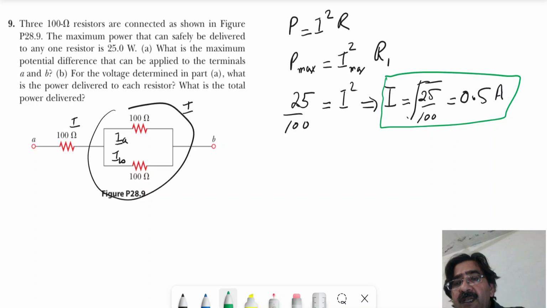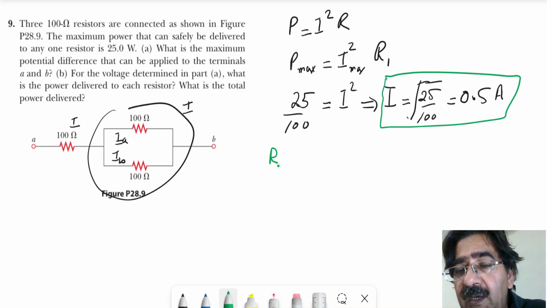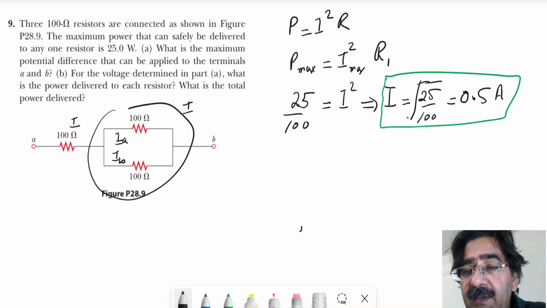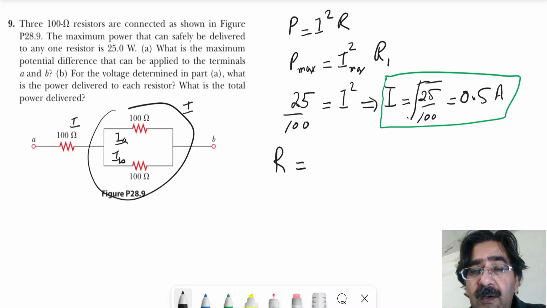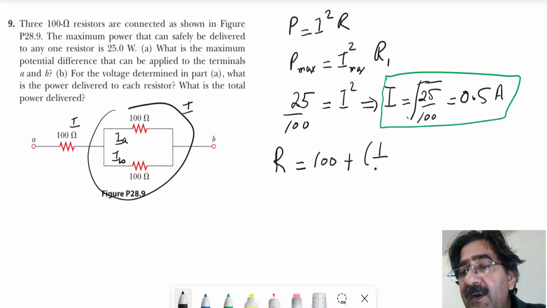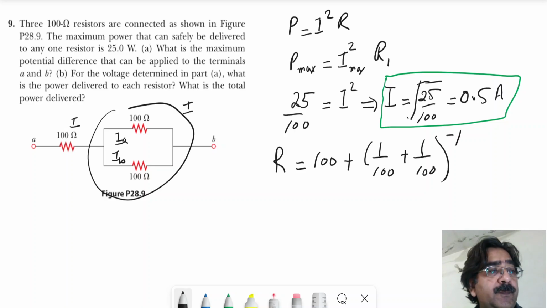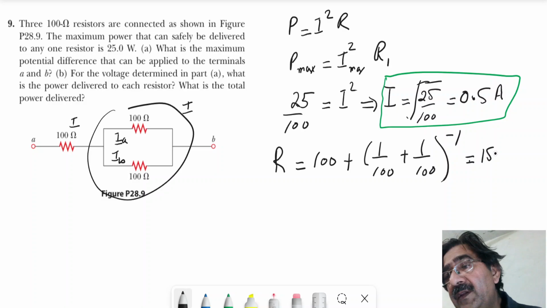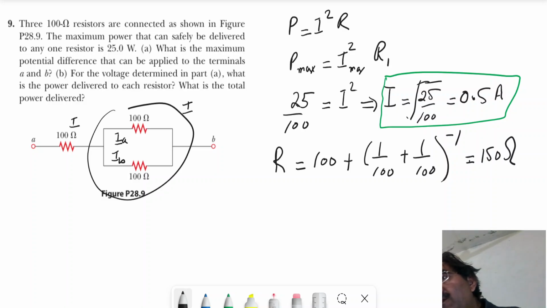The total resistance R is equal to R1 plus the parallel resistance, 1 over 100 plus 1 over 100, all to the power minus 1. By calculator, that is 150 ohm.